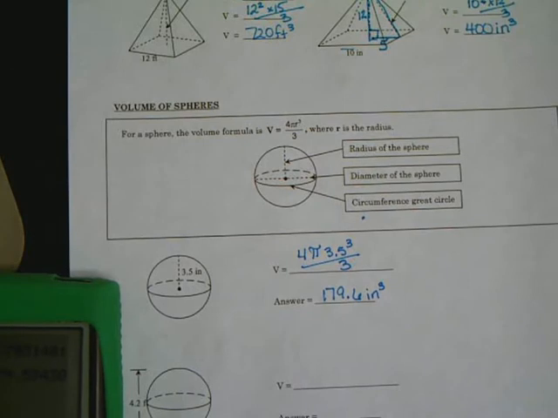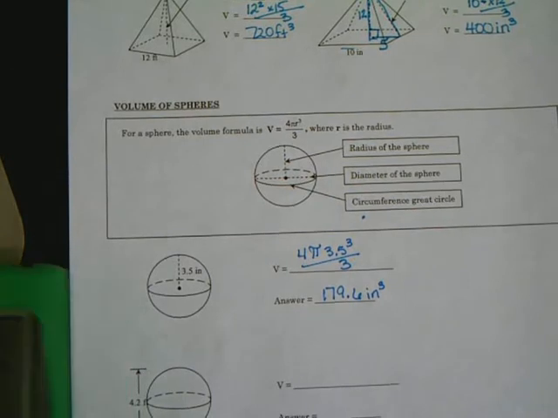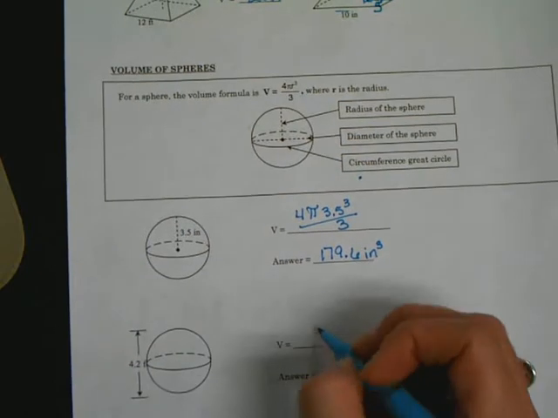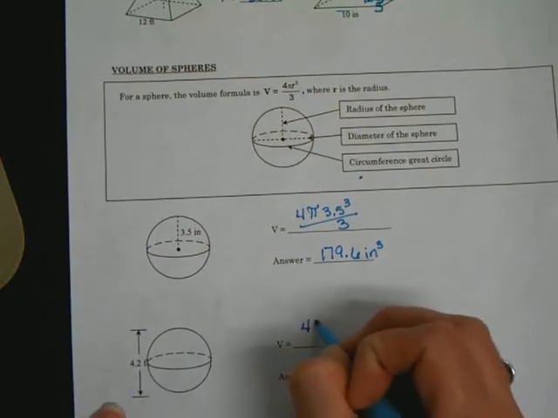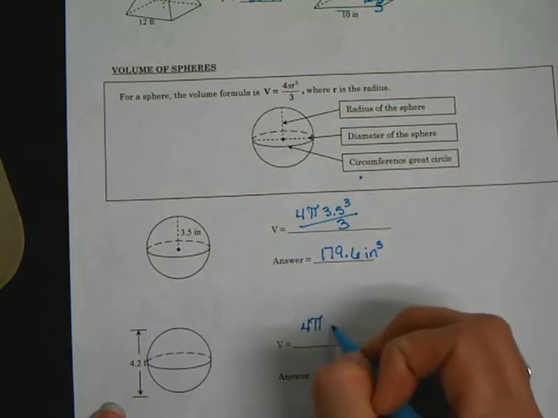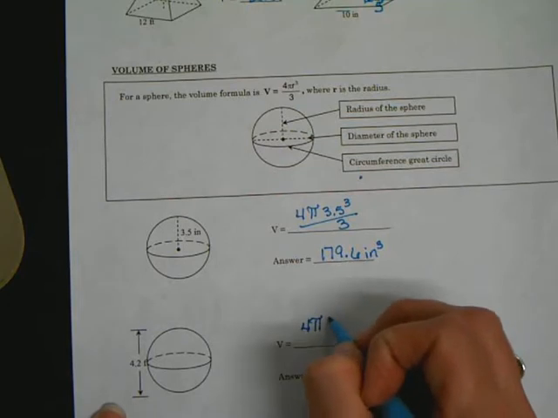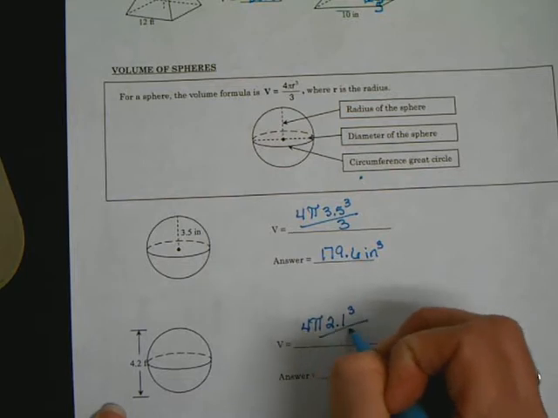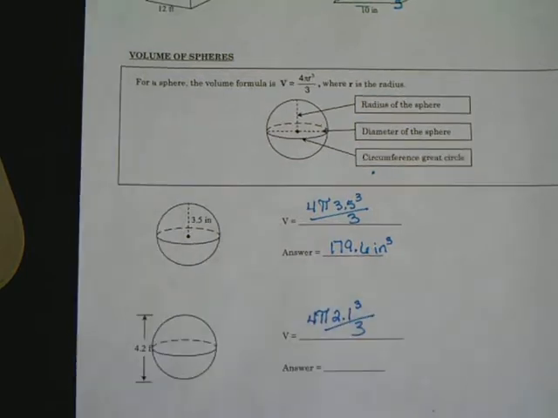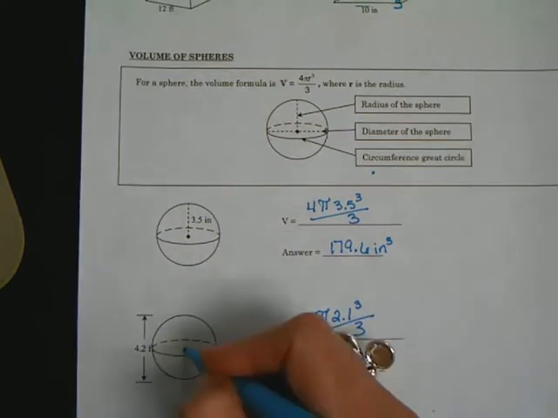Alright, let's take a look at the next one. We've got a diameter of 4.2, so we're going to write out our formula. 4 pi 2.1 cubed divided by 3. 2.1 is our diameter, or I'm sorry, our radius. It's half the diameter.